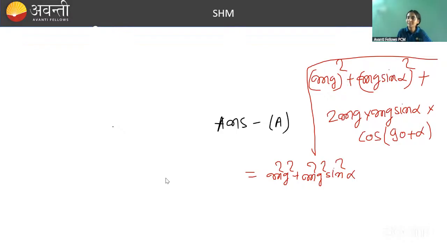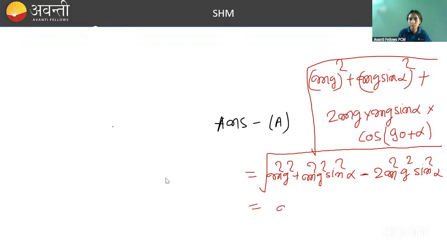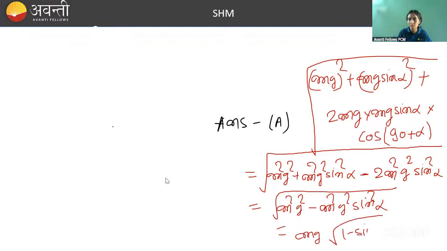And cos of 90 plus alpha is in the second quadrant, so it becomes negative, minus sine alpha. So this becomes minus 2 m square g square sine square alpha. Root under this: m square g square minus m square g square sine square alpha. If you solve it, you will get mg root under 1 minus sine square alpha, that is cos square alpha. So this is basically mg cos alpha.